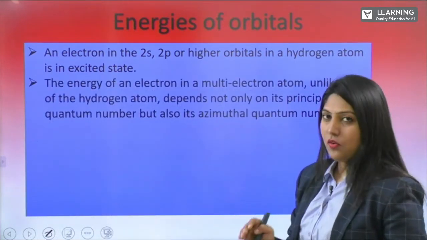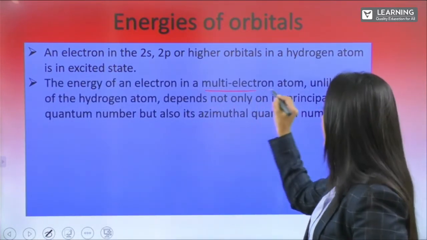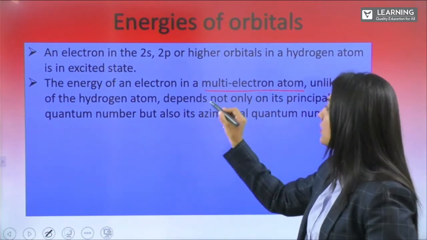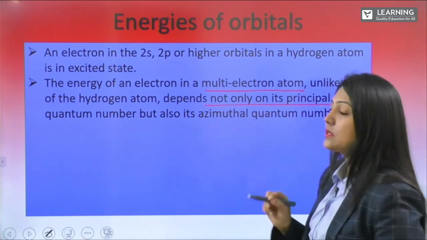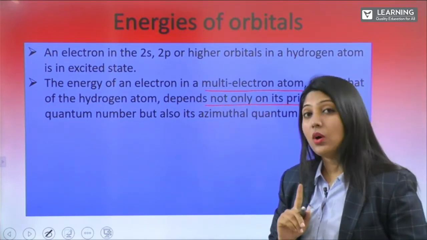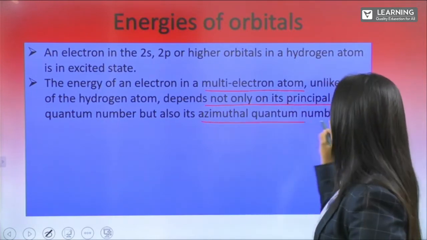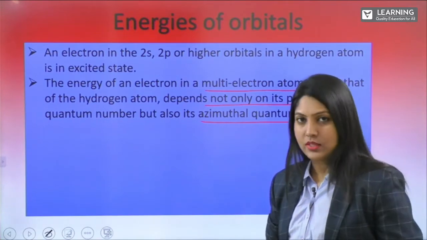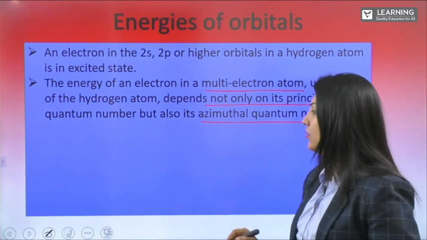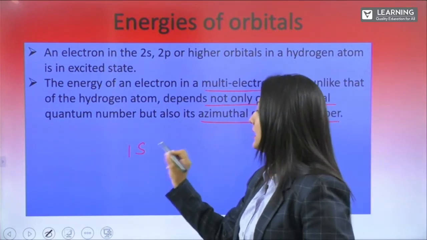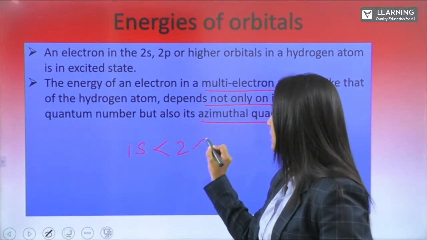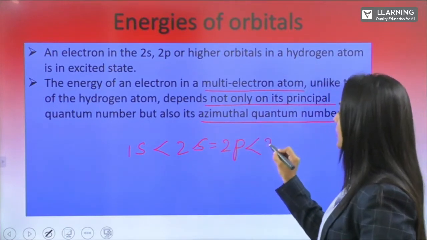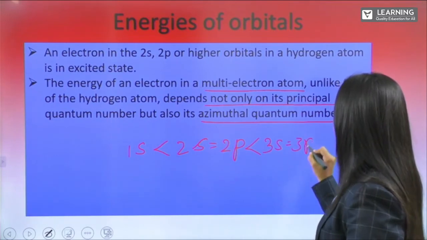Next, the energy of an electron in a multi-electron atom, unlike that of the hydrogen atom, depends not only on its principal quantum number but also on the azimuthal quantum number. Why like this? If we consider the hydrogen atom, the energy level depended on the orbital: 1s is lesser than 2s, which is equal to 2p, and this is lesser than 3s, which is equal to 3p and 3d, and so on.